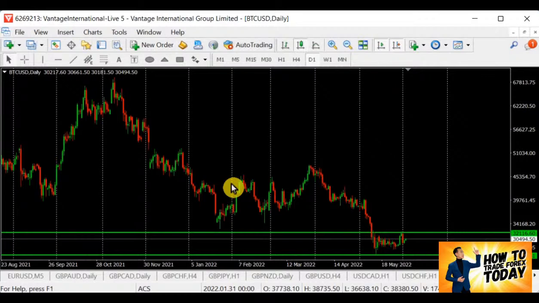The previous target was 30, and we managed to hit the 30 from 27 or 28. So right now, looking at the trend over here, the target is shifted up to 32.